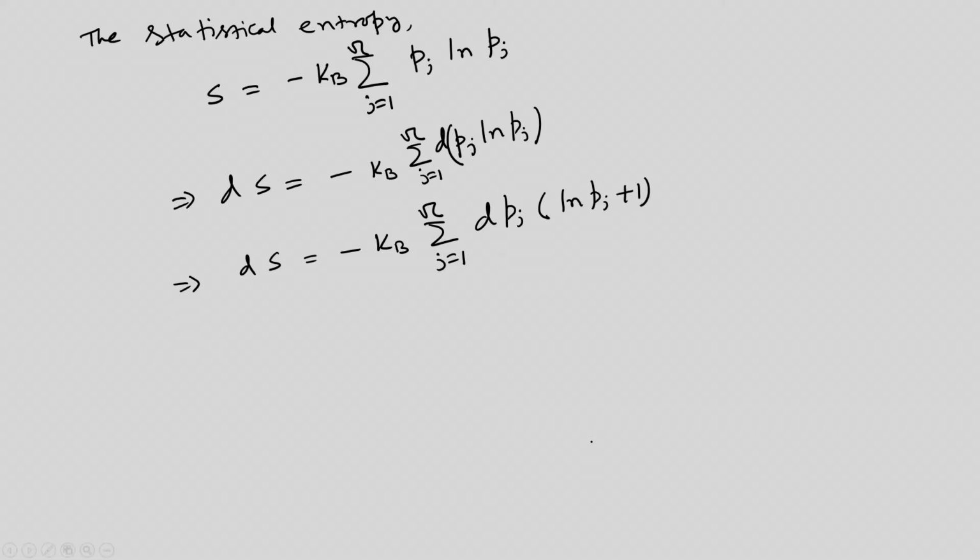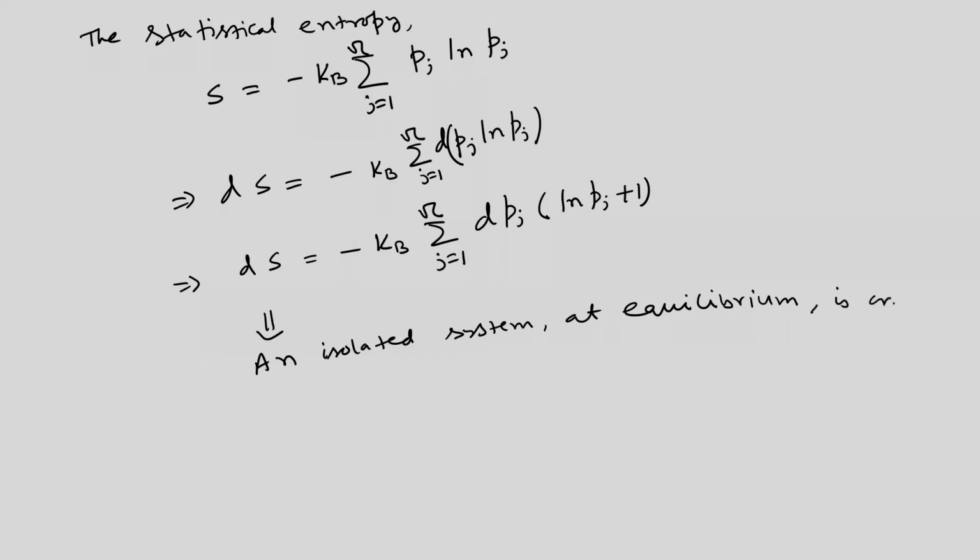Now, what we do? We maximize entropy, okay? Because a microcanonical ensemble represents an isolated system, right? Because number of particles is fixed, energy is also fixed. Okay, so both matter and energy exchange are not permissible. So, for an isolated system at equilibrium, the state is one of maximum entropy.